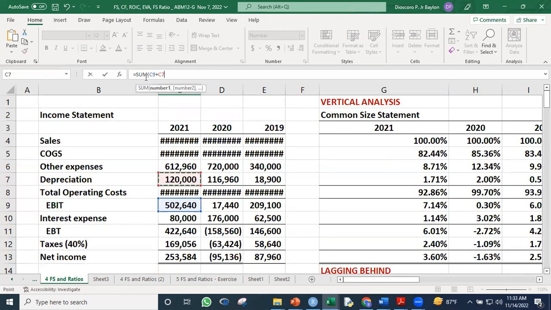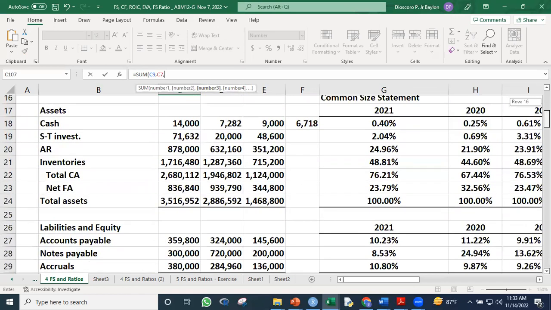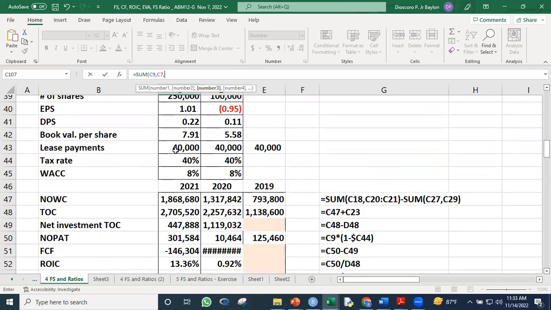Okay, so this is sum of EBIT plus depreciation that will now be your EBITDA. No? And then plus, isasama natin si lease payments. Okay, sorry. Sum ni EBIT, depreciation, and si lease payments. And lease payments is andito. No?